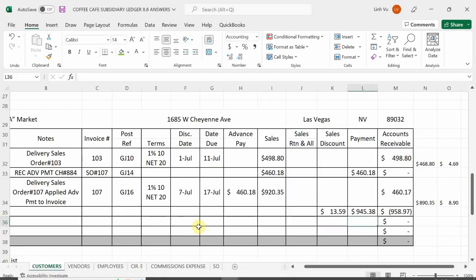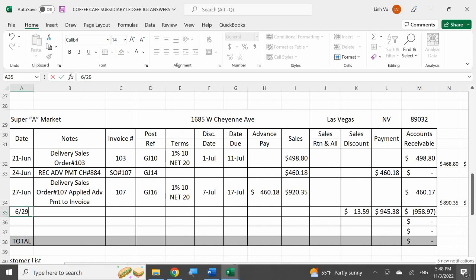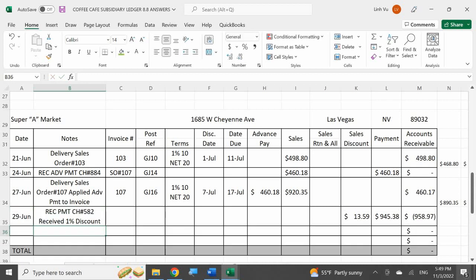Let's go ahead and update your subsidiary ledger first since you already have it almost done here. So in this case, 6/29, receive payment, check number 582, received 1% discount, invoices 103 and 107.